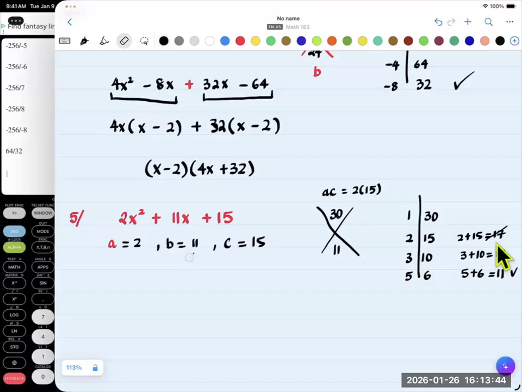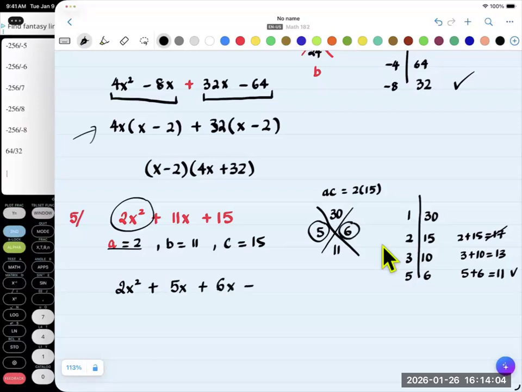Now because the A is 2, that means we need the grouping. So 5 and 6 are the two numbers we want. We rewrite the first term, 2x squared, and then put 5x plus 6x, and then 15.